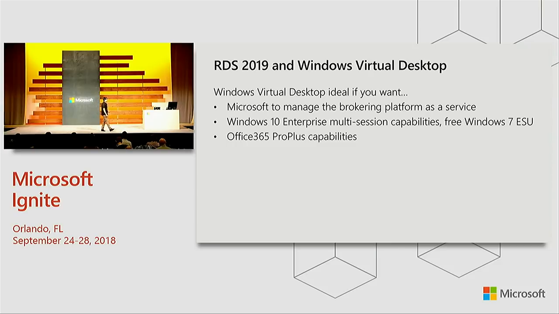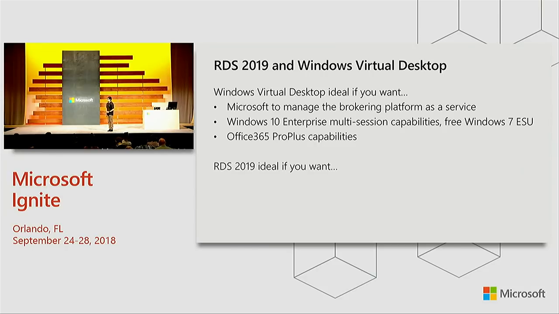Office 365 Pro Plus. We can tackle more licensing questions at the end or offline, but Remote Desktop Services 2019 will support Office 2019. The new service being a semi-annual release, or the Windows 10 being a semi-annual release, will support Office 365 Pro Plus.